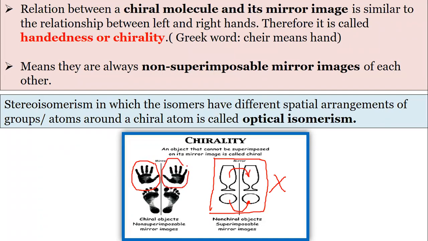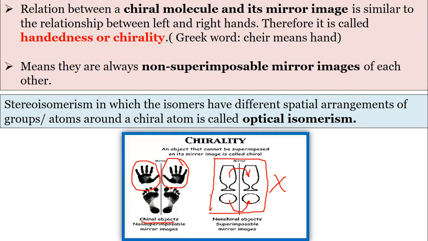One is left and one is right, and they cannot fit on each other. This is called non-superimposable mirror images. Likewise, the left foot and right foot are called chiral objects. These are chiral objects, non-superimposable mirror images, and those are non-chiral objects, superimposable mirror images.